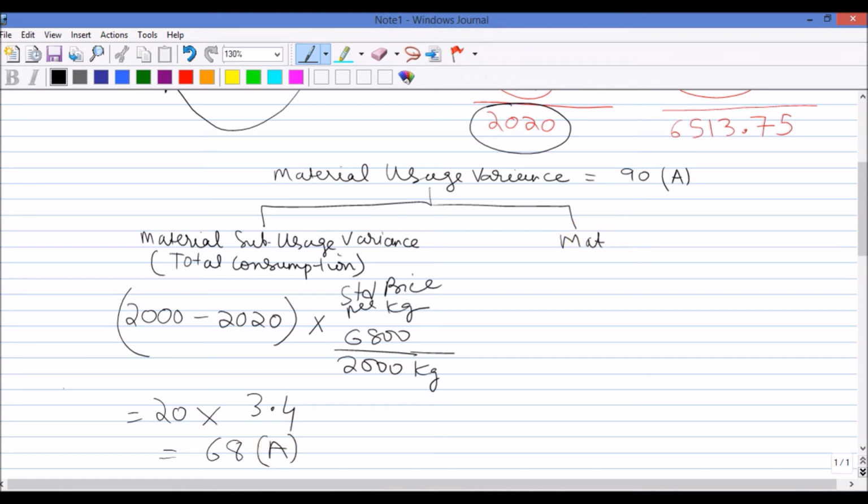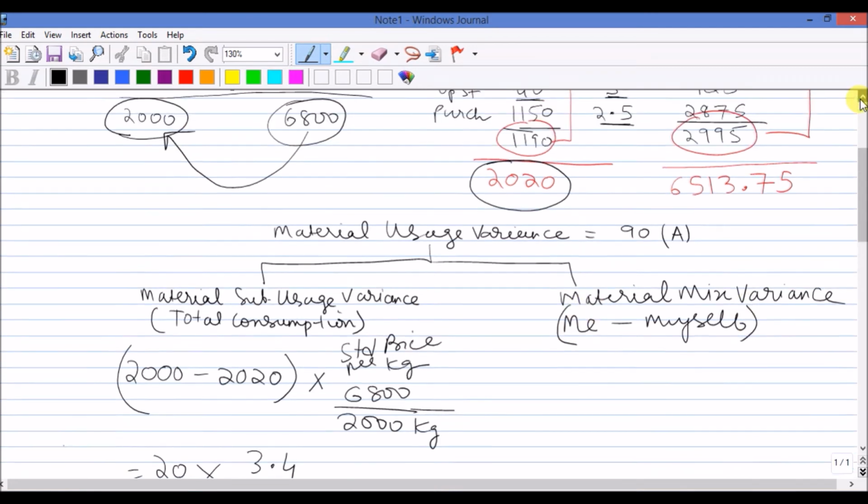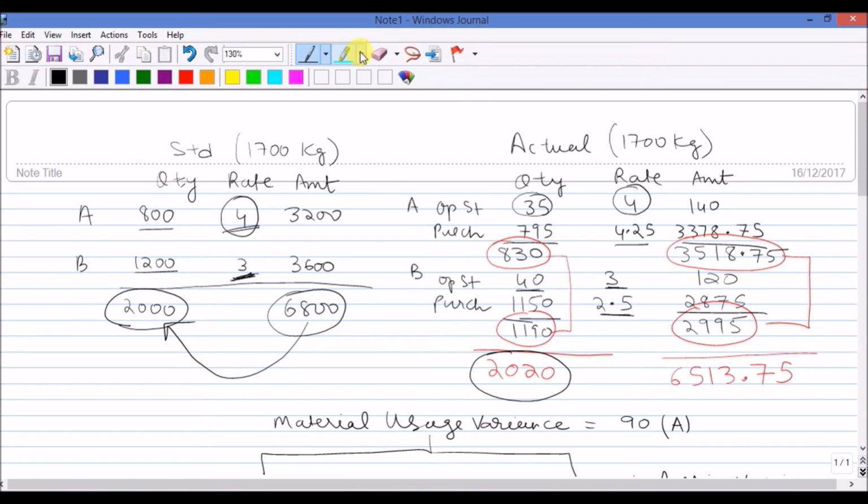Now what we are doing is material mix variance. Remember the formula, me minus myself. So I'm going to do that. So we are going to highlight something.